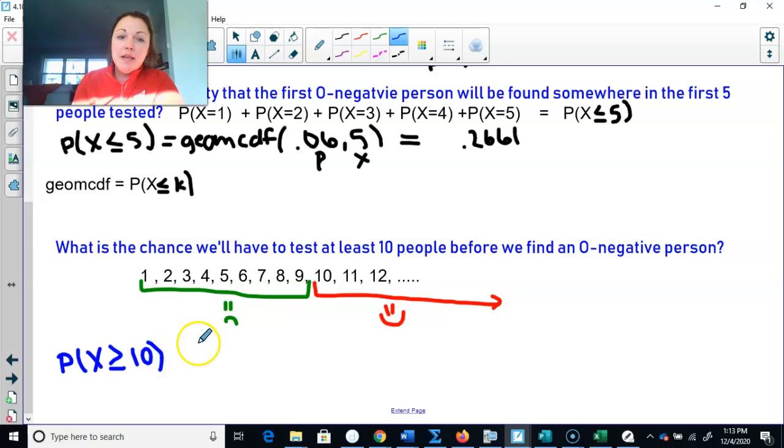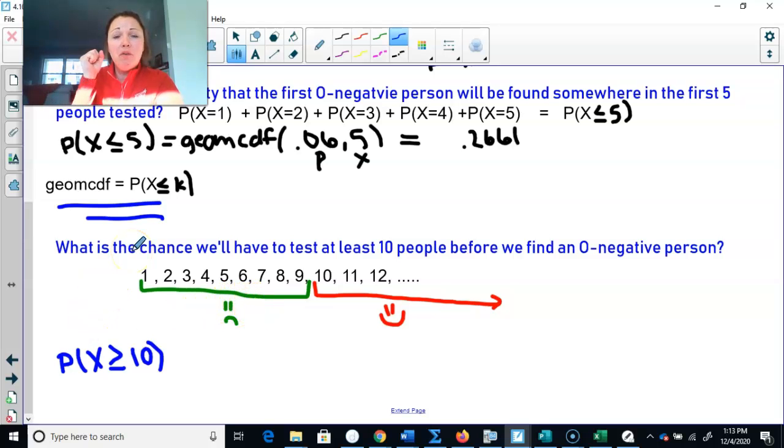Okay, well, that's an issue. Why is that an issue? Our CDF will only work for it being less than or equal to a number. So anytime we have a greater than or equal to, we need to use the complement rule.